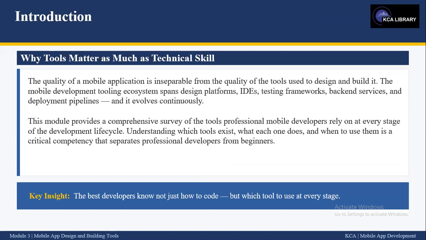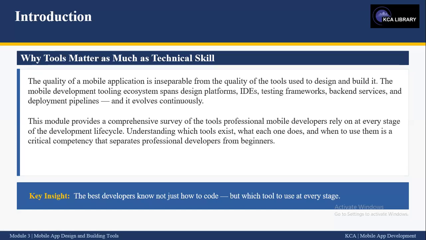Introduction. Why tools matter as much as technical skill? The quality of a mobile application is closely linked to the quality of the tools used in the development. Modern mobile development relies on a diverse and evolving ecosystem of tools that support design, coding, testing, and deployment.